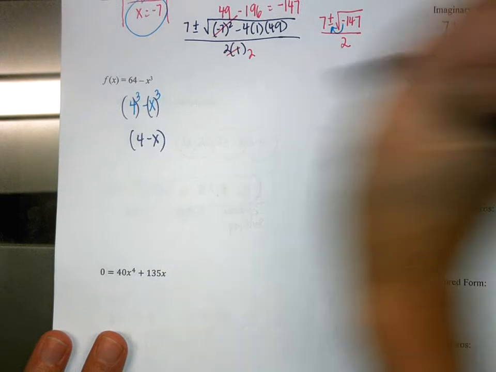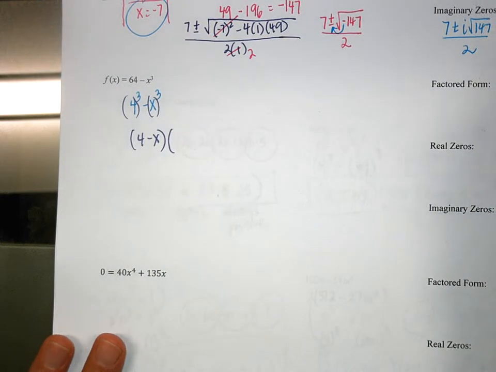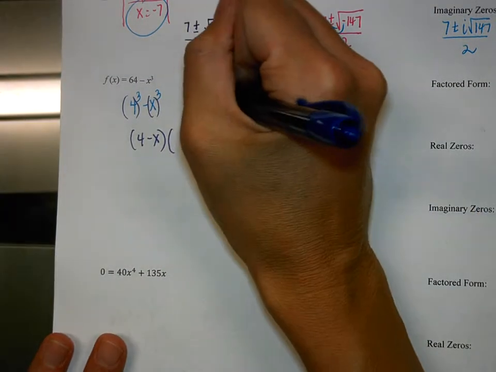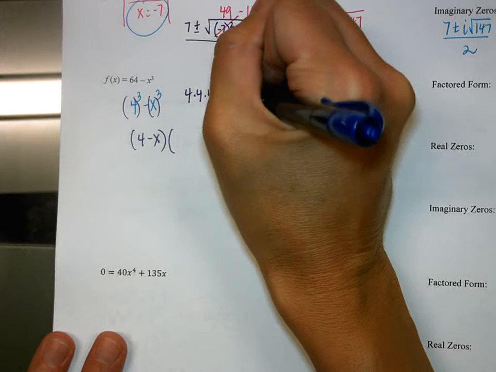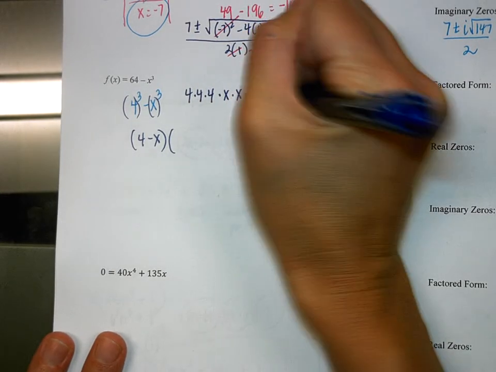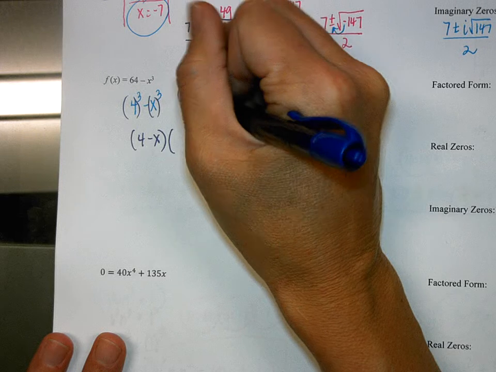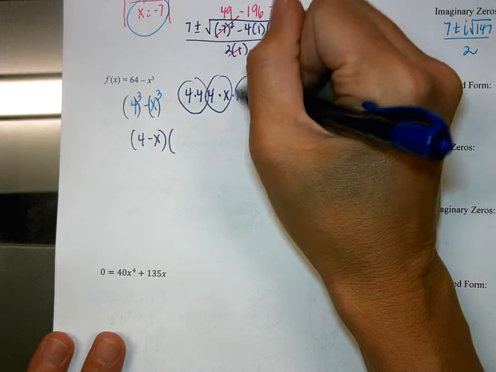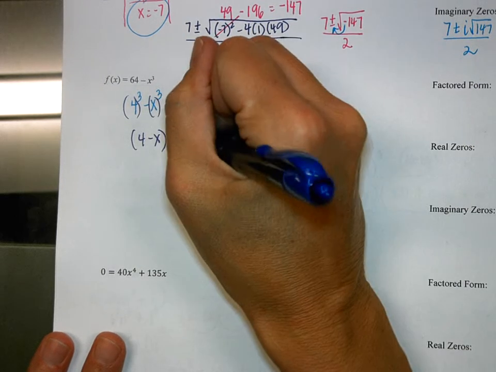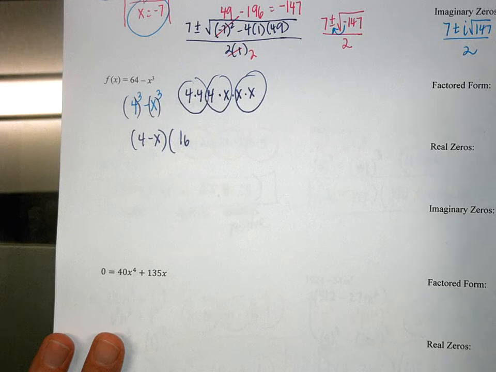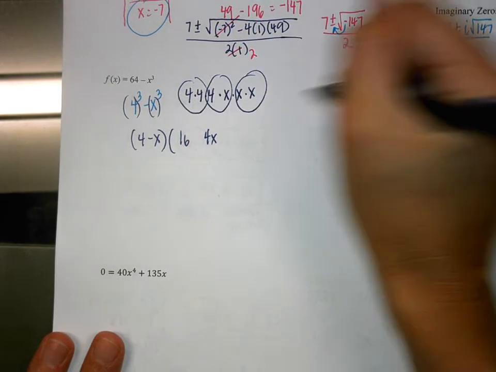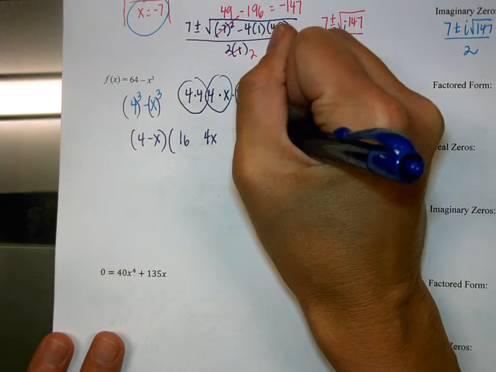In order to get the second parenthesis, we will write out the cubes. 4 times 4 times 4 times x times x times x. Group them in twos. 4 times 4 is 16. 4 times x is 4x, and x times x is x squared.